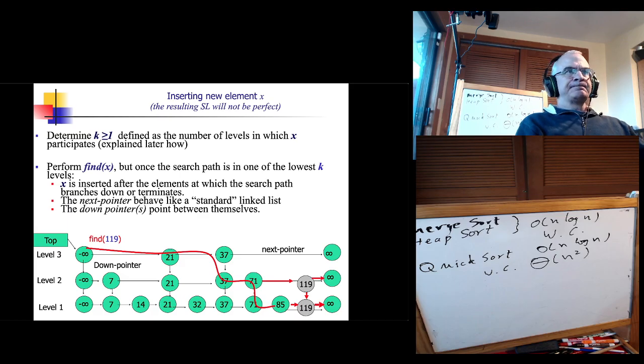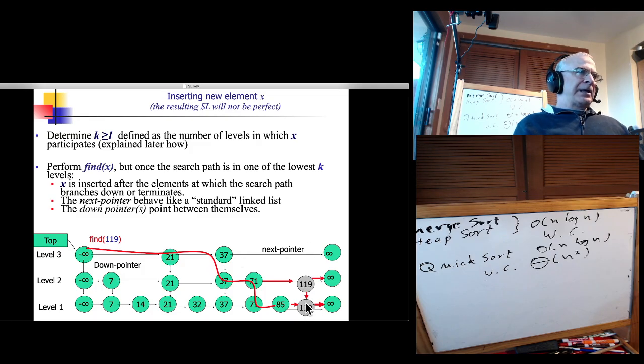Questions so far? And of course, what I did now was when K, the number of levels that a newcomer is going to participate in, was smaller than the current number of levels.